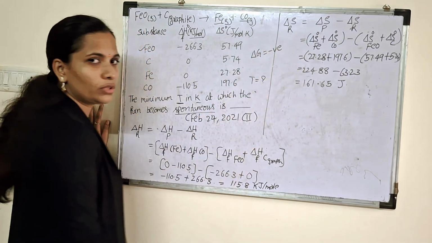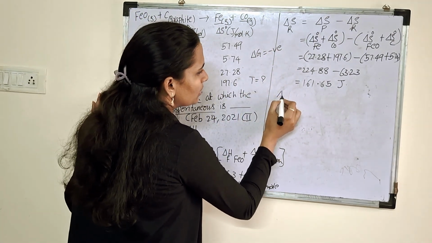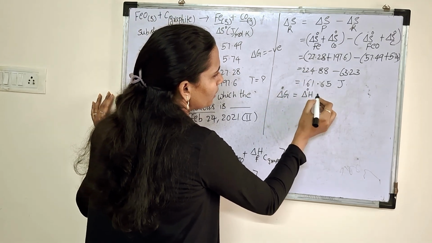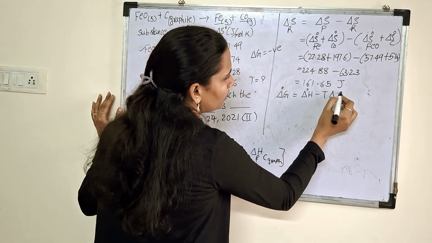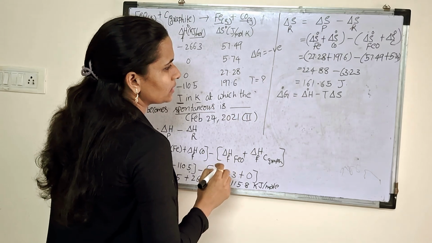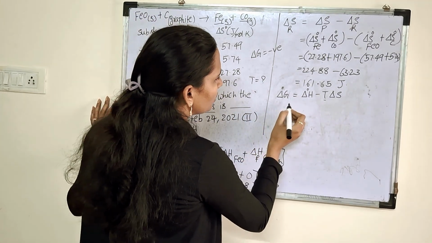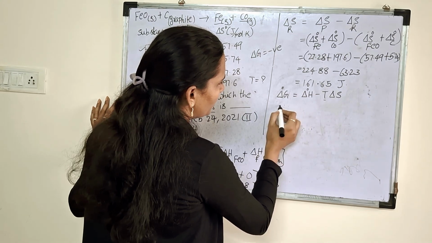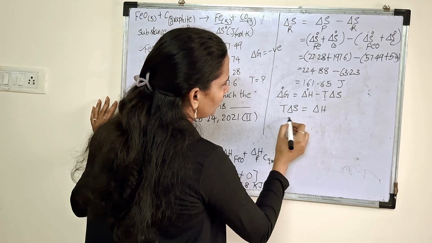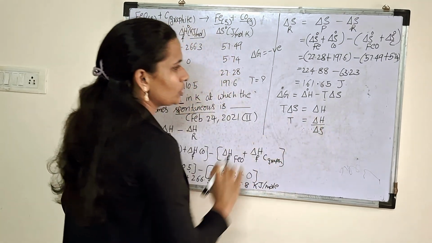We know the equation delta G naught equals delta H naught minus T delta S. For the minimum temperature, T equals delta H by delta S.